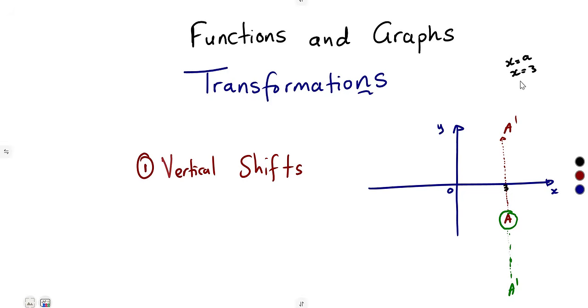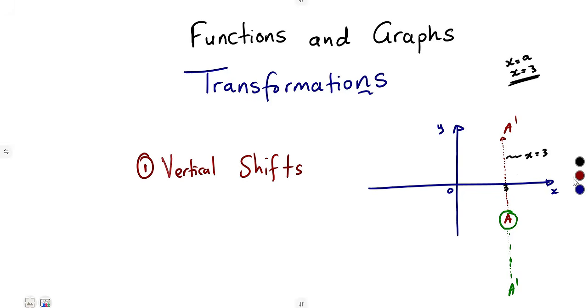The value of x is not going to change throughout. So in actual sense, the line that we are forming, the vertical line, has the equation x is equal to 3, which is something fixed, something that cannot change, because we are on a vertical line.